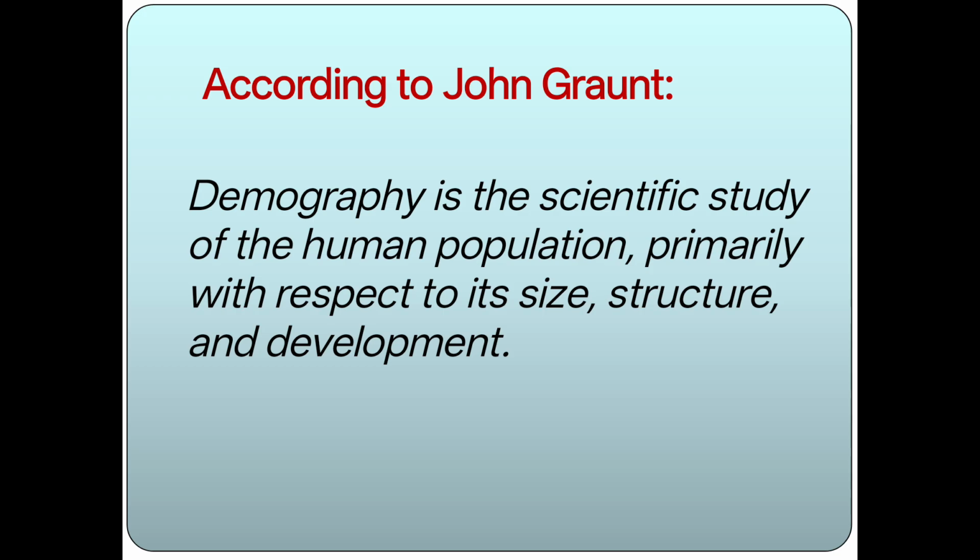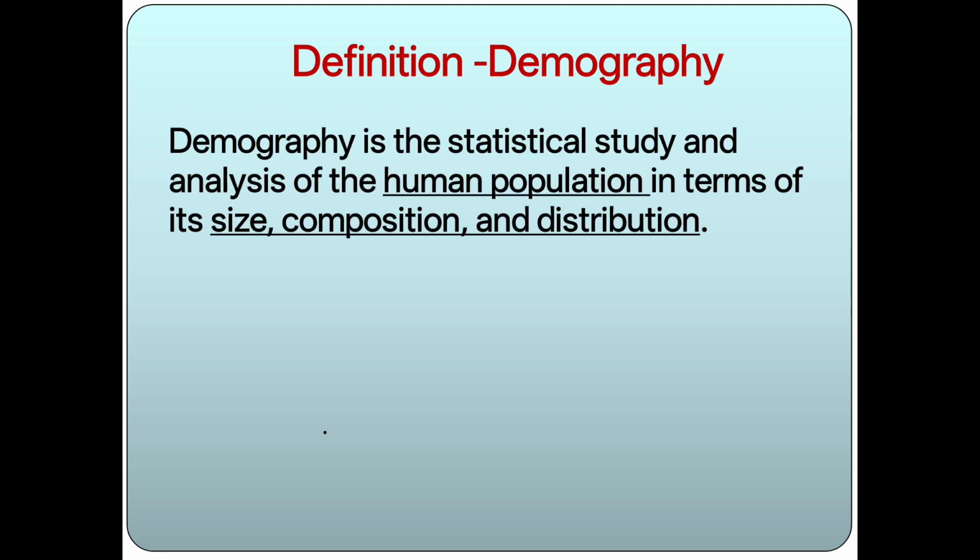Now we'll see, according to John Grant, what is demography? Demography is a scientific study of the human population primarily with respect to its size, structure and development. We'll see the definition of demography in a simple way. Demography is a statistical study and analysis of the human population in terms of its size, composition and distribution.